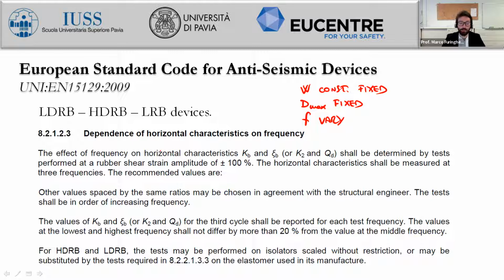So you see the effect of frequency on the effective stiffness and the equivalent viscous damping for rubber bearings, rather than the post-yield stiffness and the strength for lead rubber bearings. This shall be determined by the test performed at a rubber shear strain amplitude of 100%. So you see that the maximum displacement is referred to 100% of shear strain, and the horizontal characteristics should be measured at 3 frequencies.